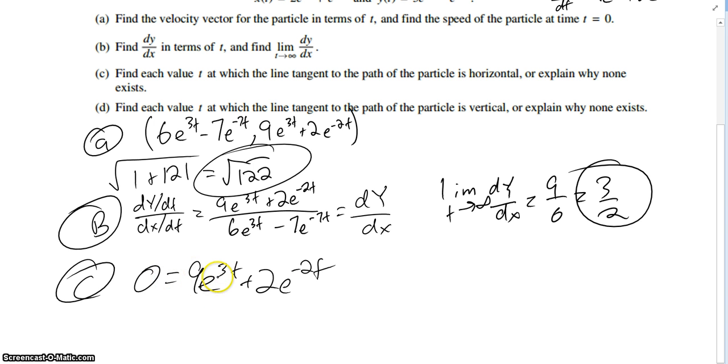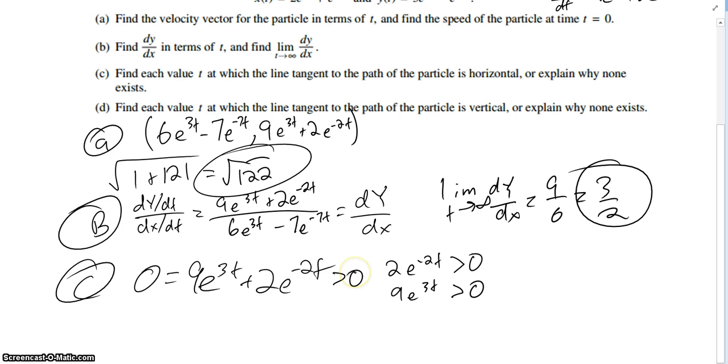We're trying to explain why none exists, because there is no t value for which this can be true. There is no t value when e to a power will equal 0. Since 2e to the negative 2t is always larger than 0, and 9e to the 3t is always larger than 0, when we add them together they're always larger than 0.